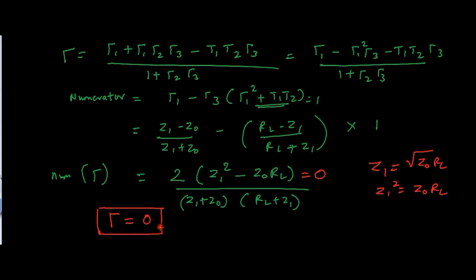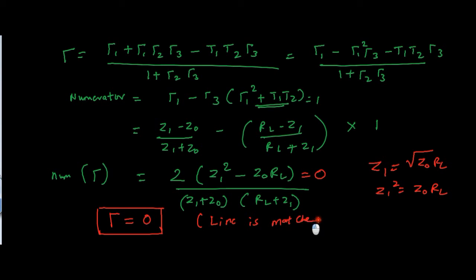So these are all the equations which are behind this. Okay, so these are all partial reflection coefficients. By adding all those partial reflection coefficients, what we got is the total reflection coefficient equal to 0, which means now the line is matched.